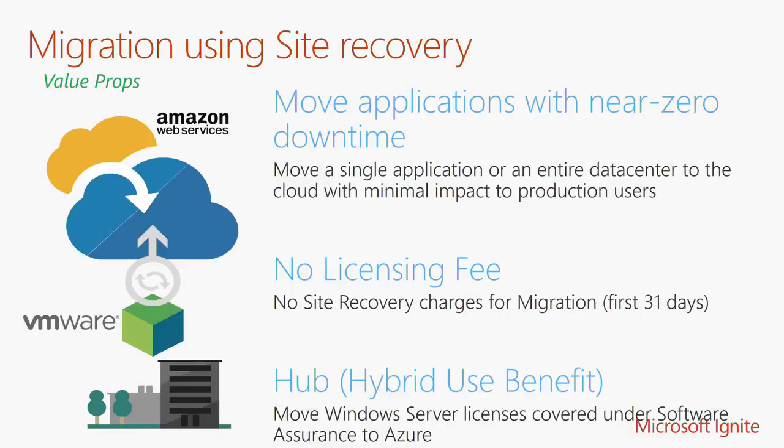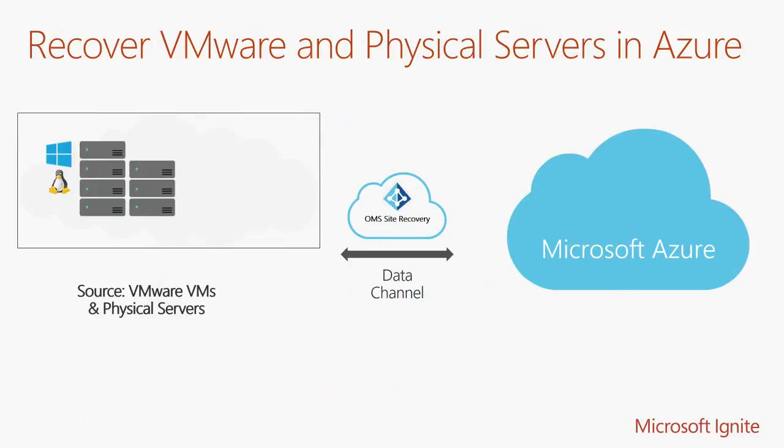The benefit is that you would get up to a 40% reduction in cost, because now you are only paying for the compute cost of your virtual machines in Azure. You are not paying for the compute cost and, on top of it, the Windows Server license. You're only going to pay for the compute cost. So with the hybrid use benefit, you would get up to a 40% cost benefit when you leverage your on-premises licenses up in Azure.